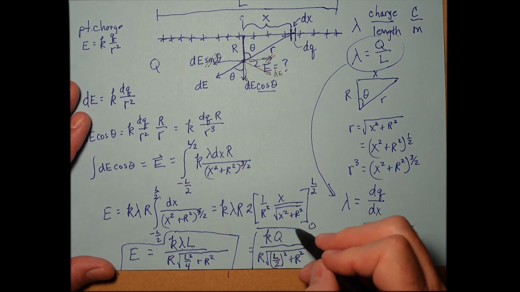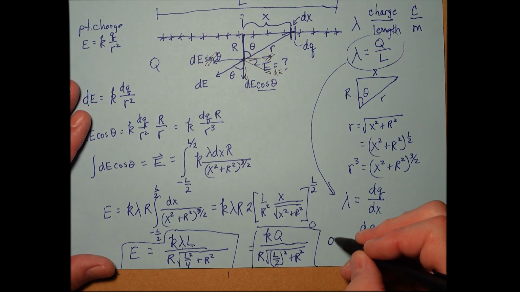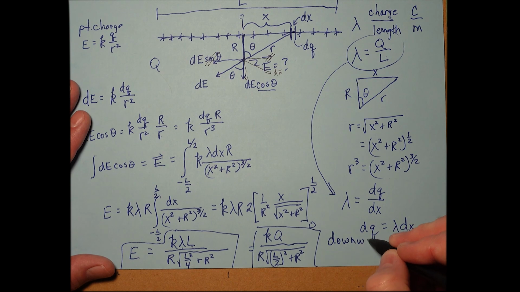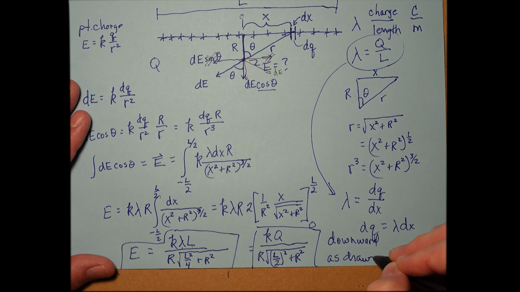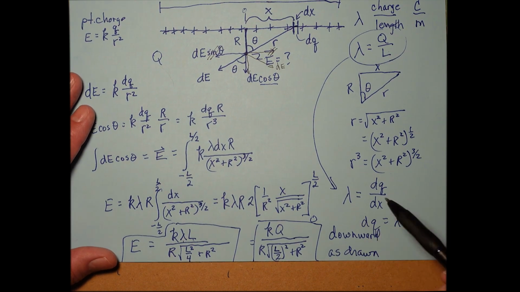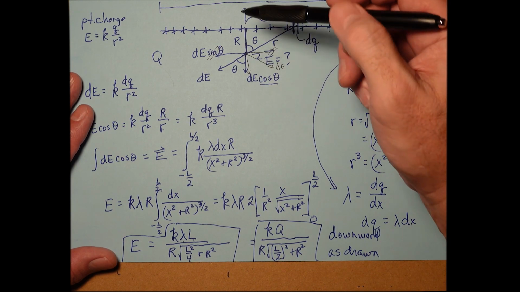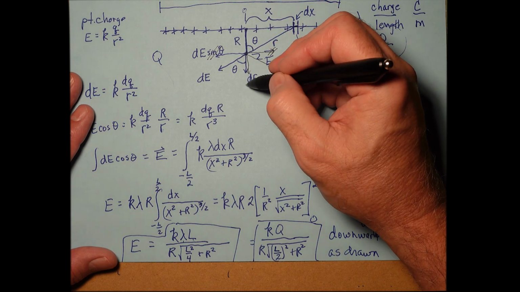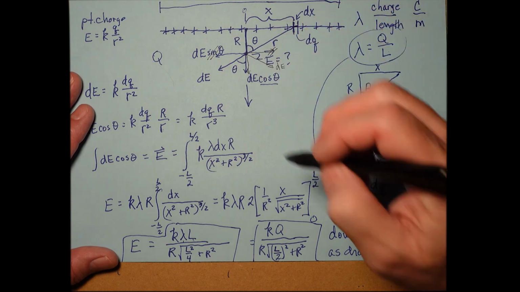There, just another form to write it down. And what about direction? Direction is going to be downward as drawn. And let me caution you, if you're answering this on an exam, the "as drawn" part here is very important. Otherwise, I don't know what downward means. So the net electric field is going to be downward like that, at that point.